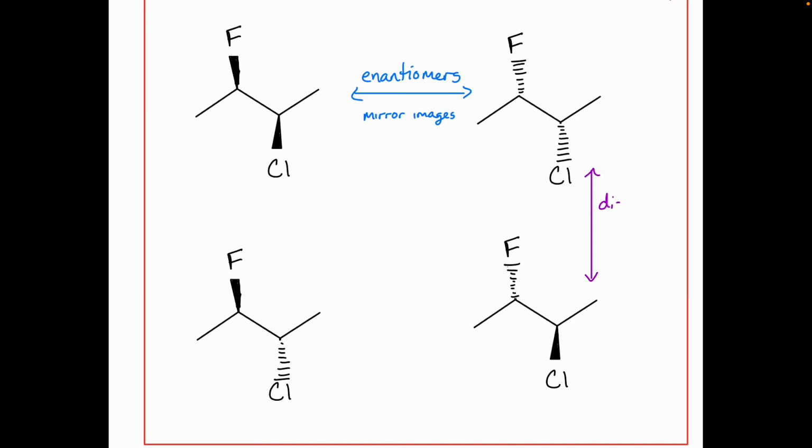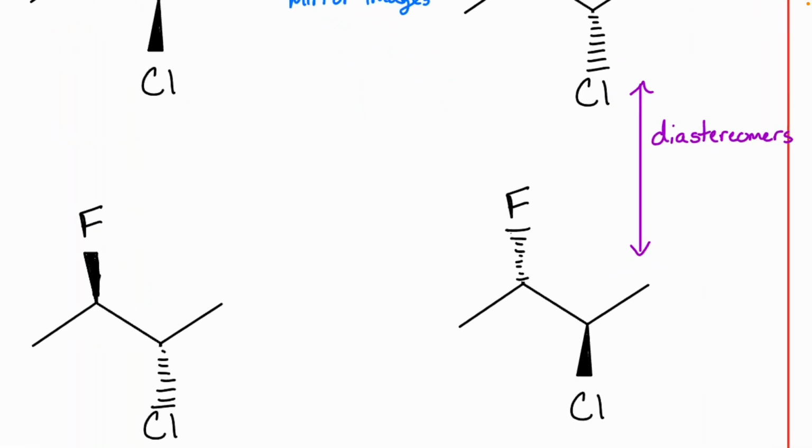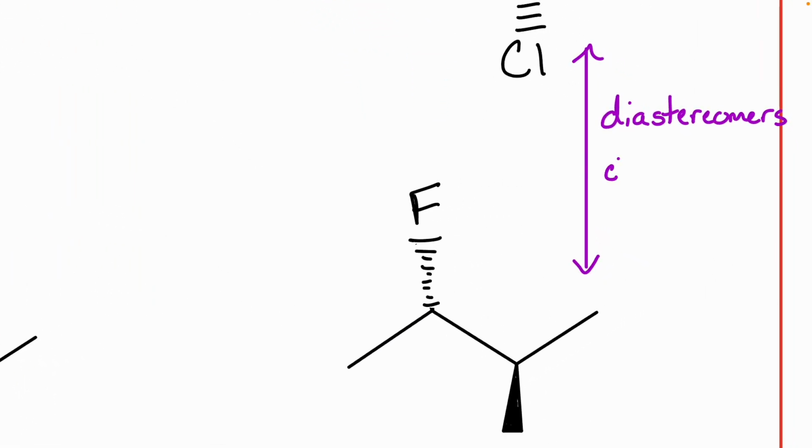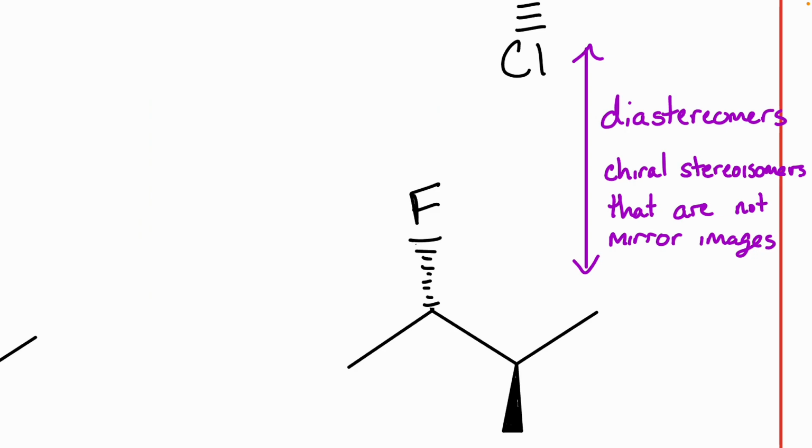This is what we call diastereomers. Diastereomers would be chiral stereoisomers that are not mirror images of one another.